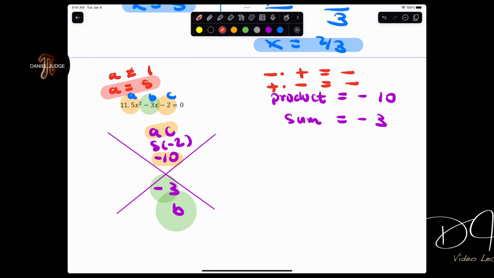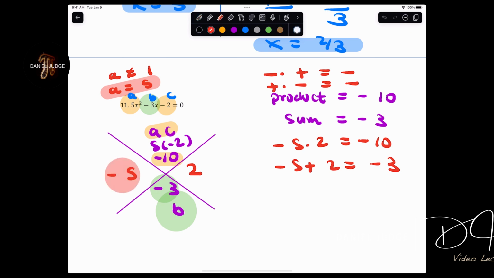So two numbers whose product is -10 and whose sum is -3. It looks like that might be -5 times +2. Let's double check. -5 times +2 is -10. -5 plus 2 is -3. So, ladies and gentlemen, these are your numbers.